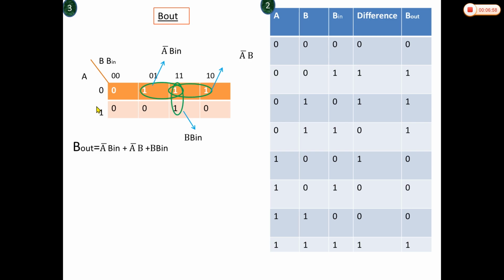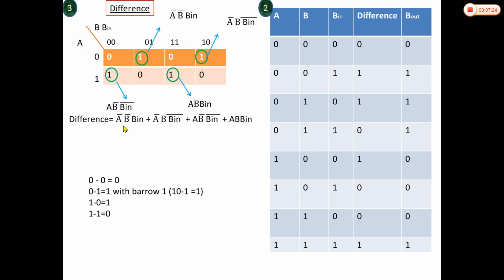These two are complemented to each other, so the term A will be cancelled. The remaining variables are B and B in. Here 1 1, so we write B B in. Then B out equal to A bar B in plus A bar B plus B B in. That is the logical expression for the B out.